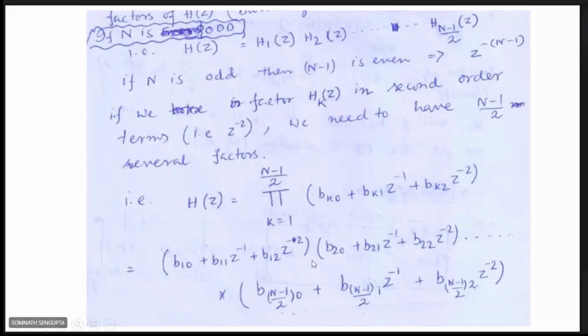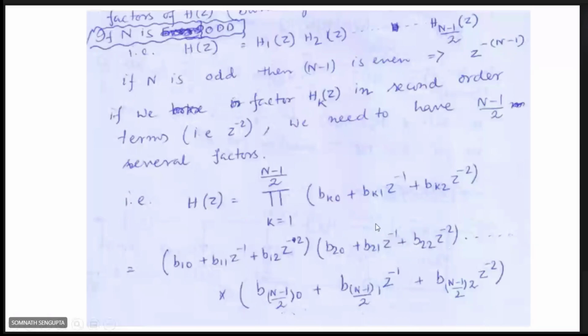If all these terms are multiplied, the maximum order would be z to the power minus 2 into the number of factors, that is minus 2 into n minus 1 by 2.